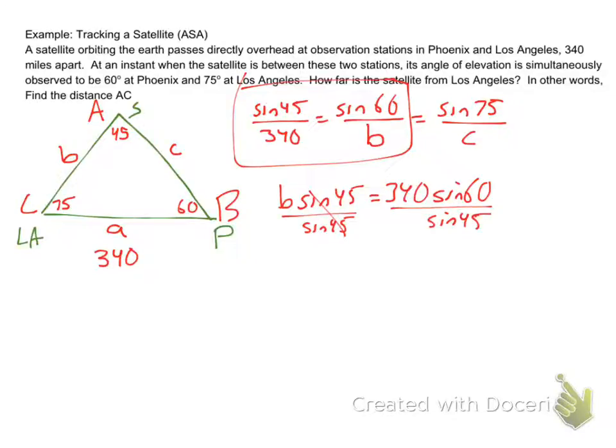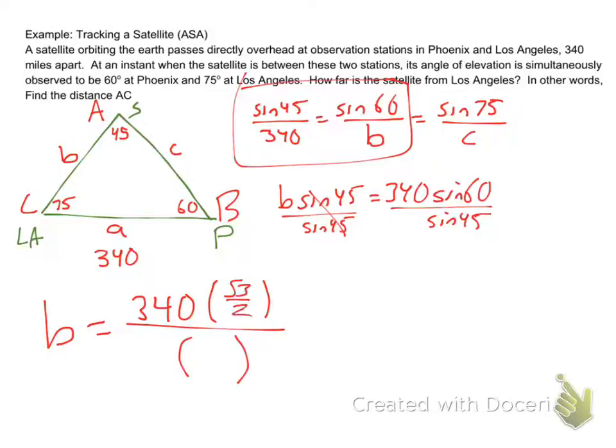Gone. Start to simplify that. 340. What's the sine of 60? Everybody should know this. Square root of 3 over 2. What is the sine of 45? Square root of 2 over 2. What will happen with the over 2's? They cancel.